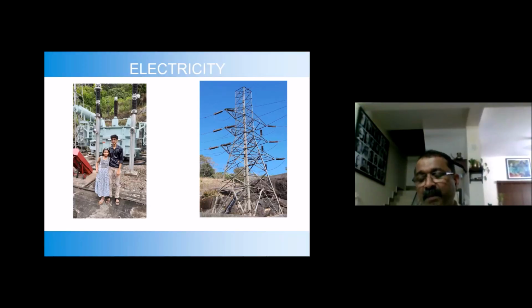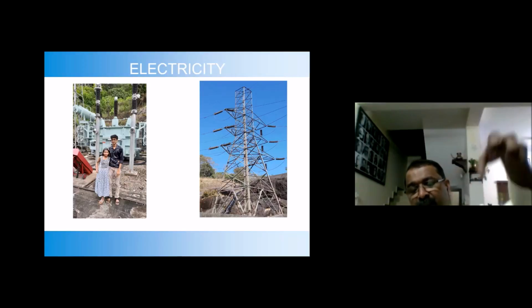Let us say if you buy a bulb from your shop, it will be written as 240 volt. So that is its nominal voltage, meaning that it is supposed to work at that voltage level, or it can withstand only that much voltage.